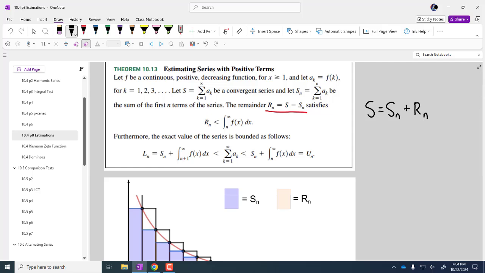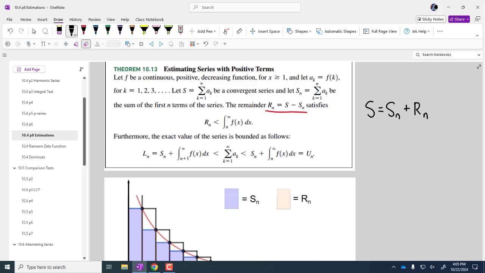As you go further and further out, 100 terms, 1,000 terms, you're getting closer and closer to S. The bigger n is, the closer you are to the sum of the series, and the smaller R sub n is. S sub 1,000 is pretty close to S, which means R sub 1,000 is pretty close to 0.